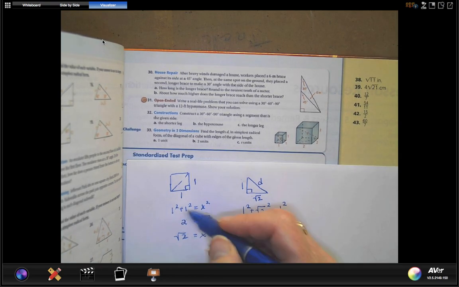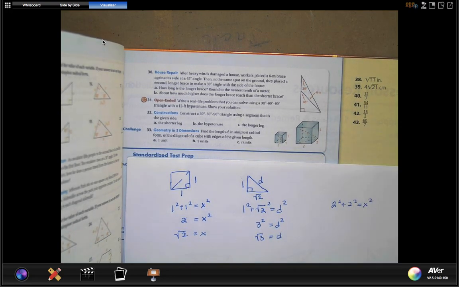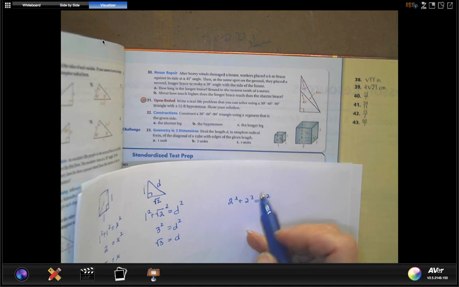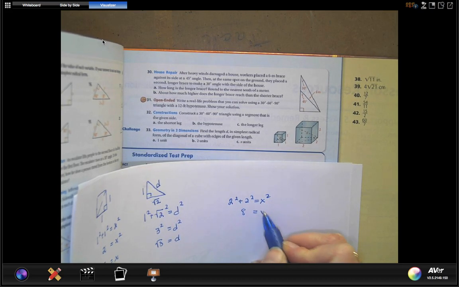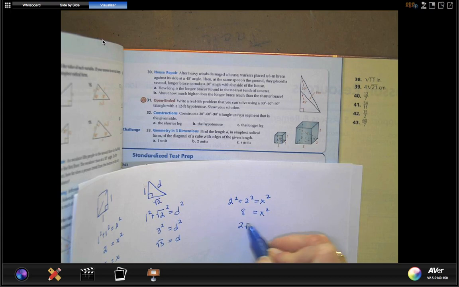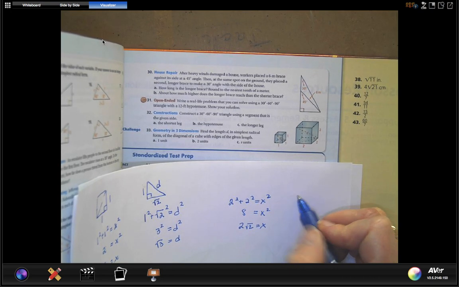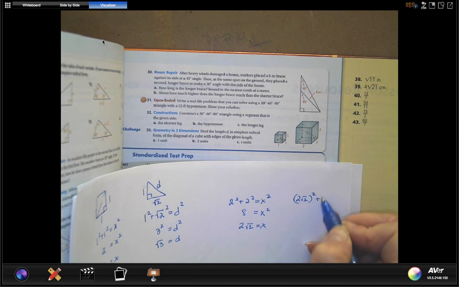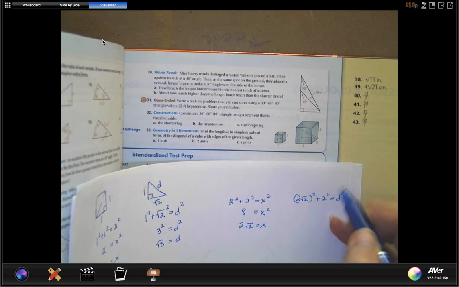Okay, and then you could do the same thing for the other one. So you'd have 2 and 2. So 2 squared plus 2 squared equals whatever that line is on the bottom. We end up with 8. 8 is 2 square roots of 2, so that's that piece there. Again, when I think about the other triangle, I've got the 2 square roots of 2 squared plus the 2 squared, which is that height there, and then the diagonal that I don't know, squared.